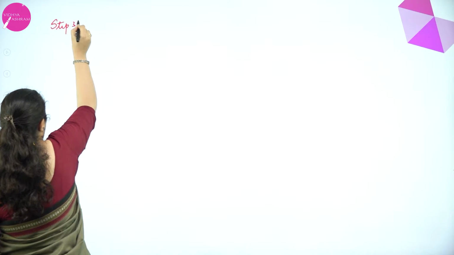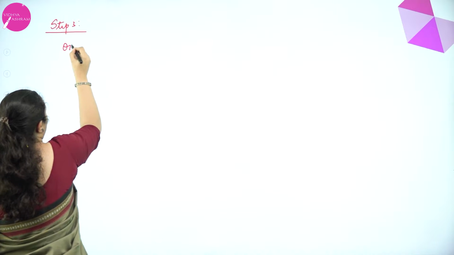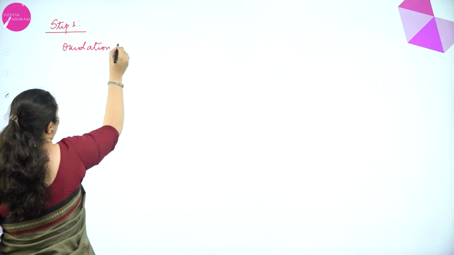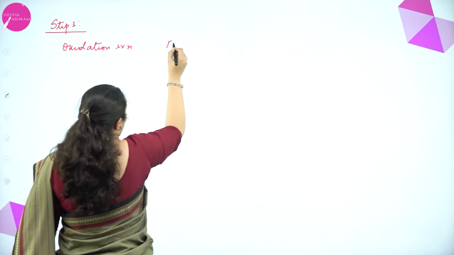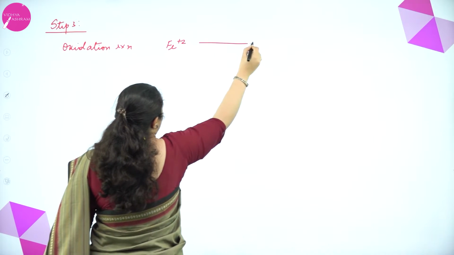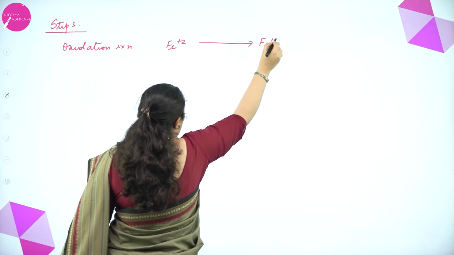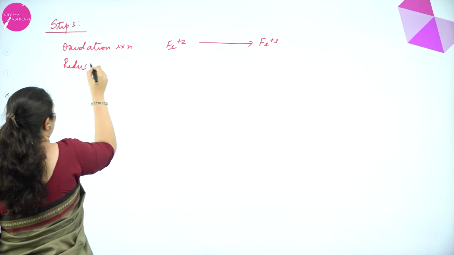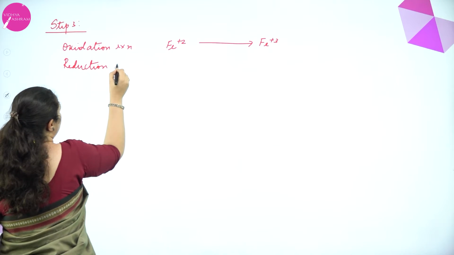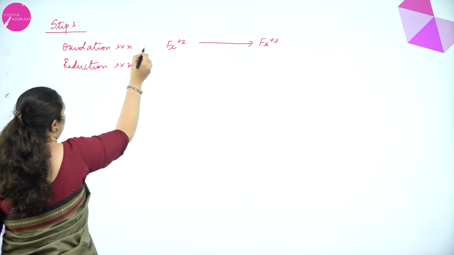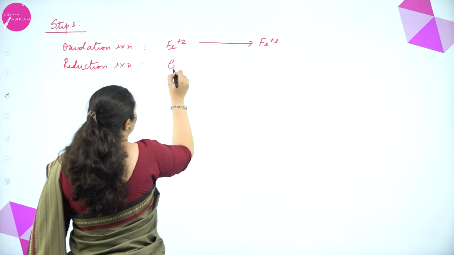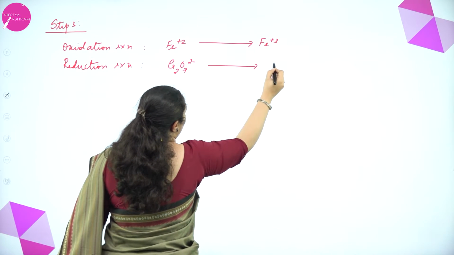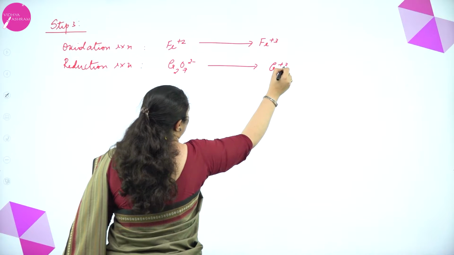Step 3: oxidation reaction, Fe plus 2 state to Fe plus 3 state. Reduction reaction: Cr2O7 2 minus giving Cr plus 3.